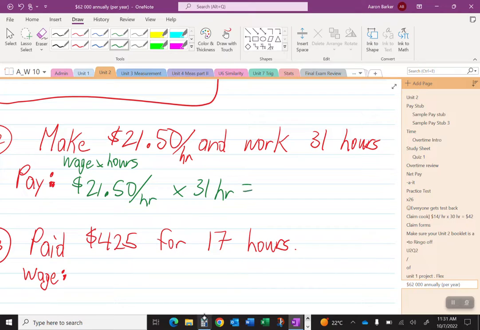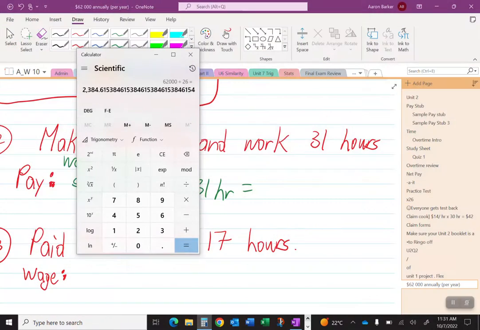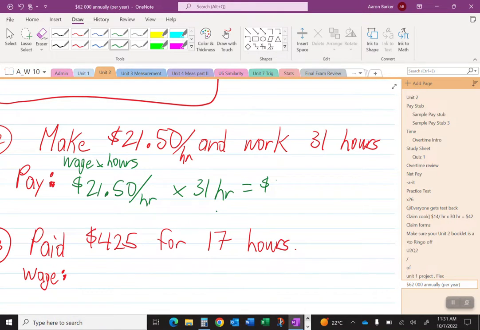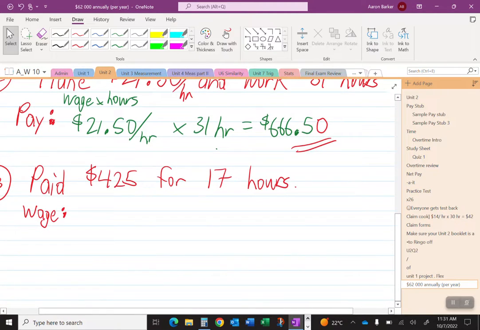And so on your calculator, 21.50 times 31, and you get $666.05. Hands up if you got that. Put your hands up. Good. Now mark it wrong because that's wrong. You have to have the zero. That is 50 cents. If you don't have the zero, you're not writing your numbers properly.